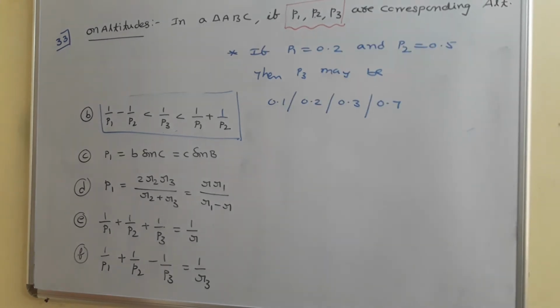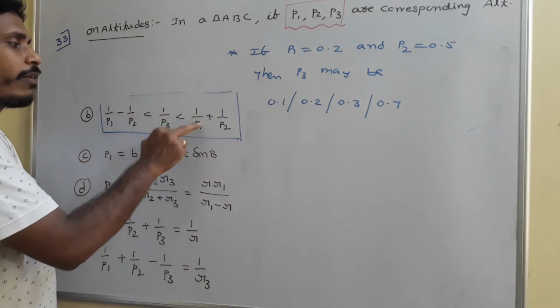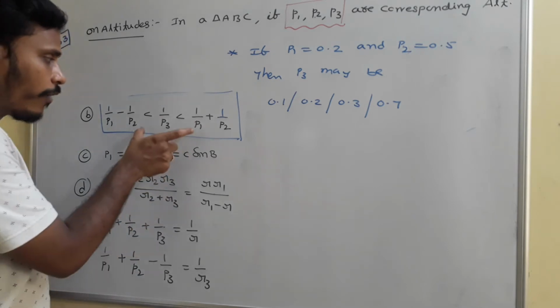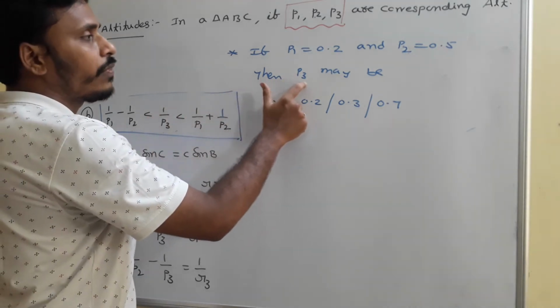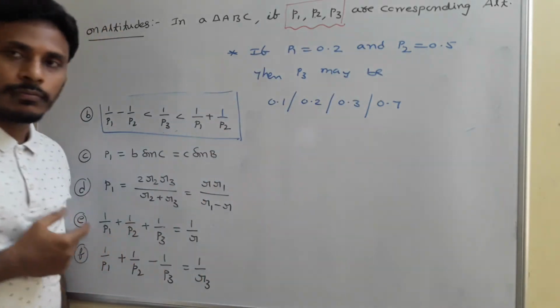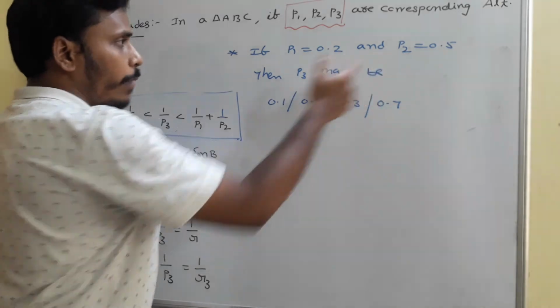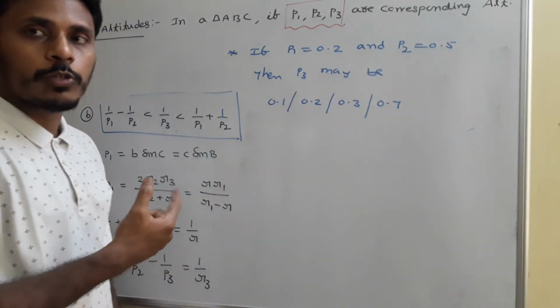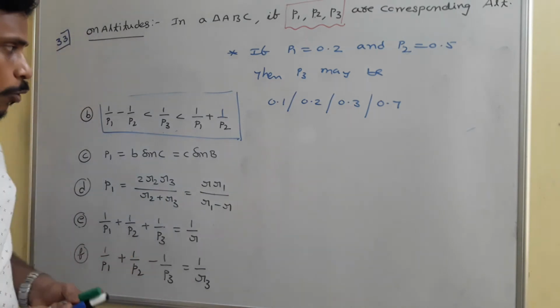See, one simple problem just related to the second inequality. 1 by P1 minus 1 by P2 less than 1 by P3 less than 1 by P1 plus 1 by P2. We need to use this inequality to find P3 if P1 and P2 are known. There are many possible values for P3 with this P1 and P2, but among all those possible values, which is suitable among these options, that's what we need to find.